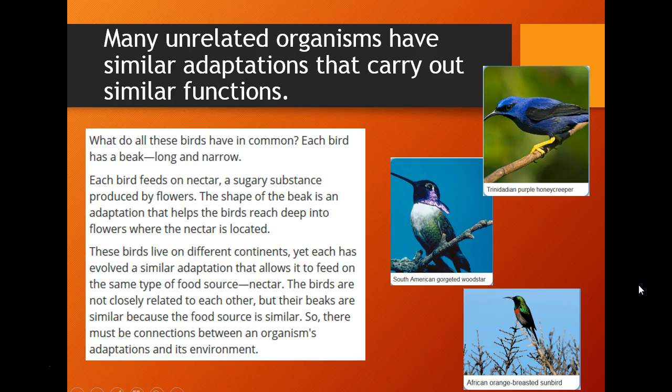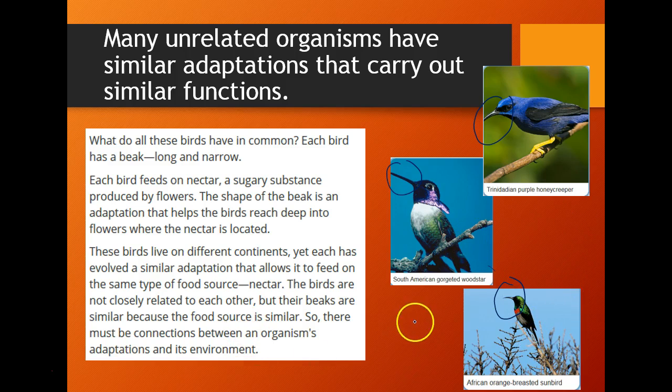One really interesting thing is that organisms can develop similar adaptations even if they live very far away. If we look at these three birds right here, we see that they all have this long and narrow beak. Not all birds have that, but these three do.